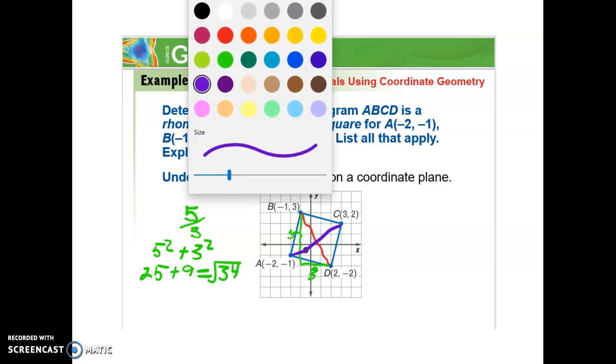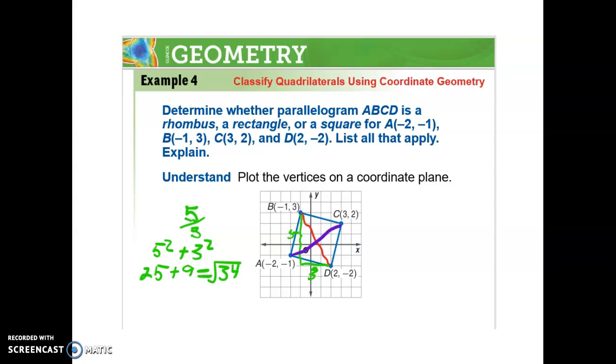Let's use orange to do our counting on this one. We're going to go down, and then over. So this is 1, 2, 3. And then we went over 1, 2, 3, 4, 5.